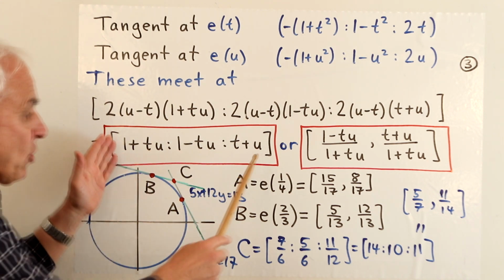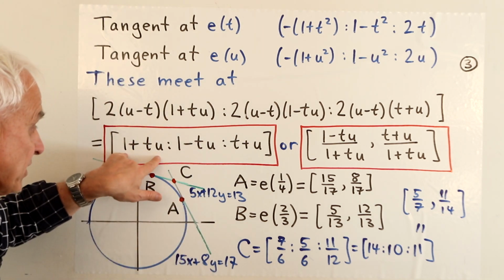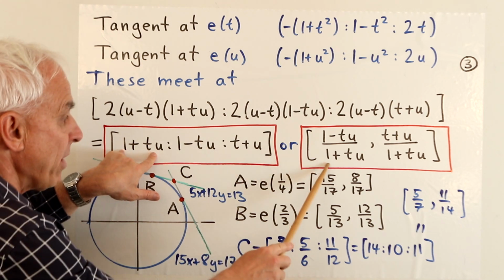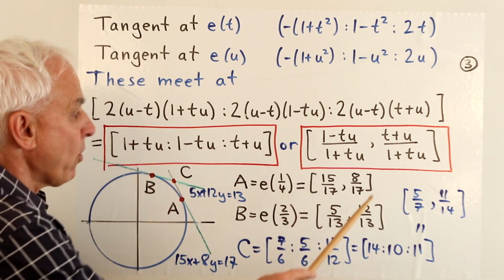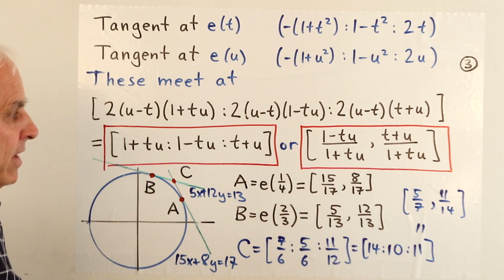And I remind you that to go to the affine, more familiar coordinates, we just divide by this first term. So the x-coordinate is actually (1 minus tu) over (1 plus tu), and the y-coordinate is (t plus u) over (1 plus tu).